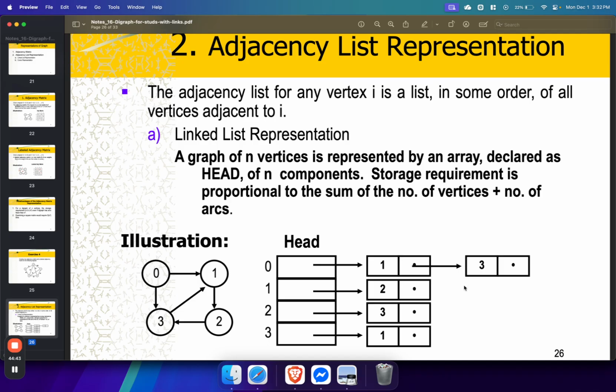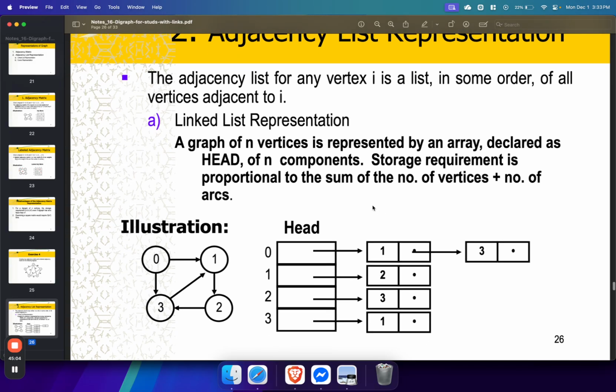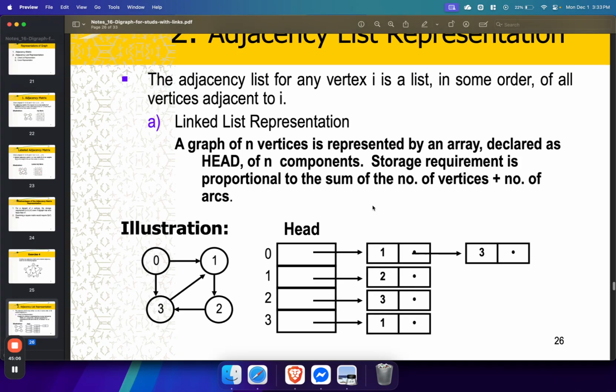So it doesn't mean that there is a path from 0 to 1 to 3. It just means there is an arc going to 1 and an arc going to 3. So mura siyang pina-list of children implementation ni trees, but this time it's representing your arcs.